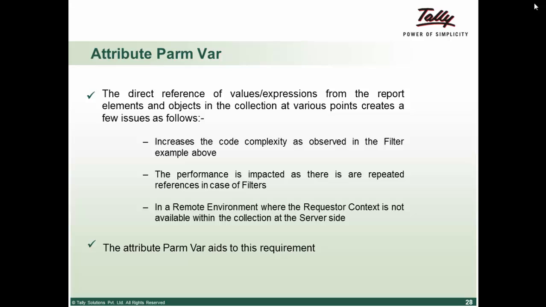One, code complexity increases, and it impacts performance because there will be repeated filtrations. The number of explores you do, it will keep going to the server and fetch the values. So the number of requests between the server and the client will also increase.